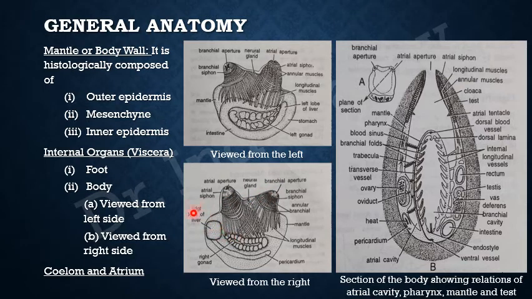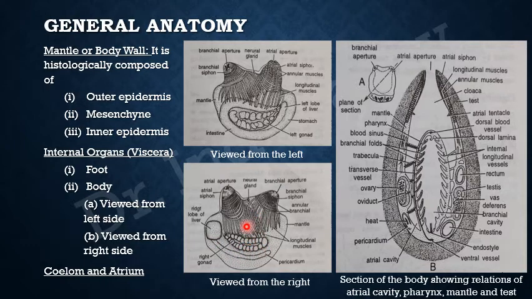Then there is the right lobe of liver. Here it was the left lobe of liver, and just behind it is the right lobe of liver, and below the right lobe of liver there is a tube-like structure extending forward, and this is the pericardium, and you can see the right gonad.